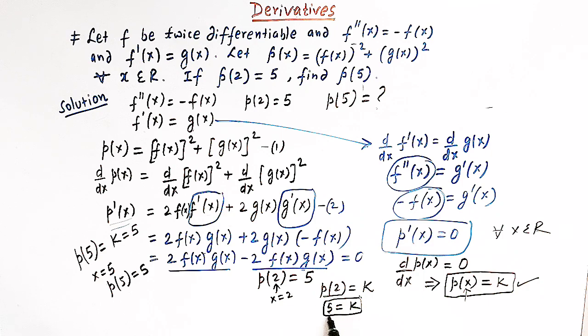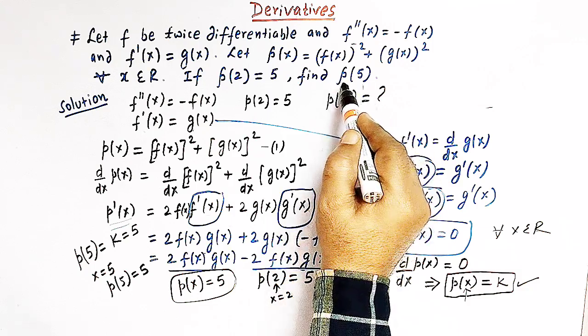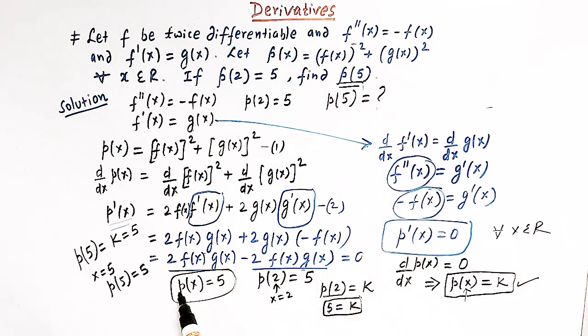And we have just seen that the value of k is equal to 5. So we can now write the function p of x is equal to 5, right? So this is the form of the function p of x, that is p of x is equal to 5, and in the given problem we have to find out p of 5. So p of 5 is equal to 5.